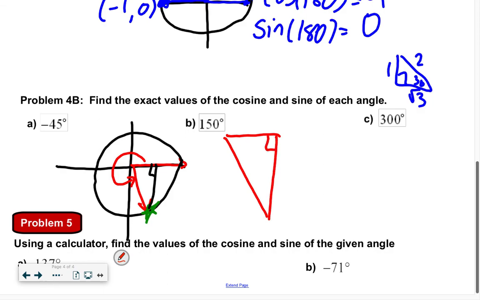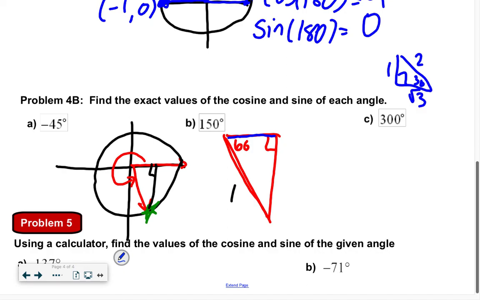What's this degree right here? 60? Does everyone agree? Okay, good. Just checking. What's my hypotenuse length? 1. I need to find this leg. Again, we have our standard triangle. Across from 30 is our short leg. So what is this length right here? Half.